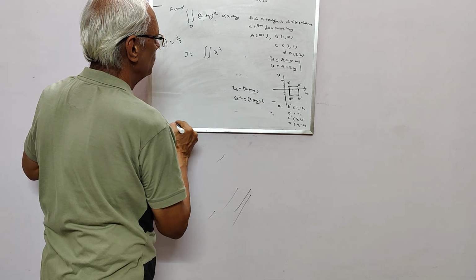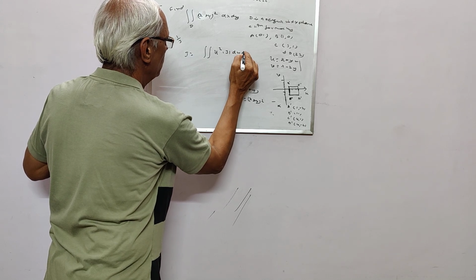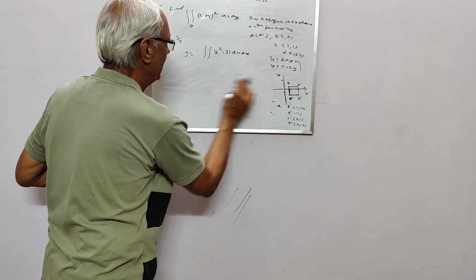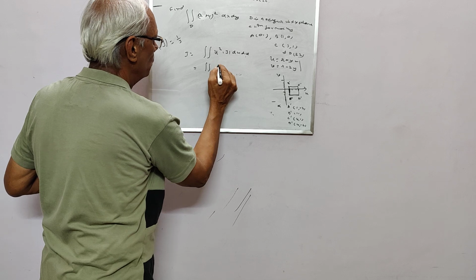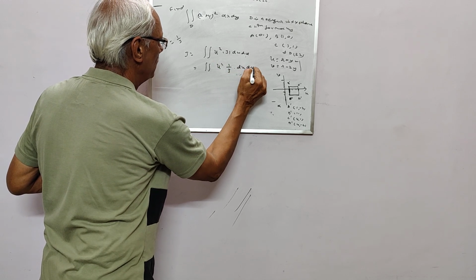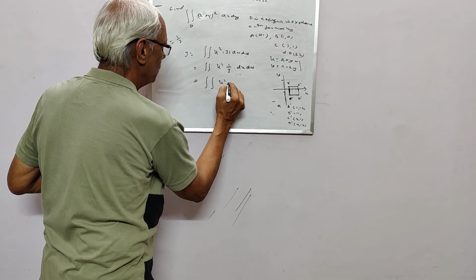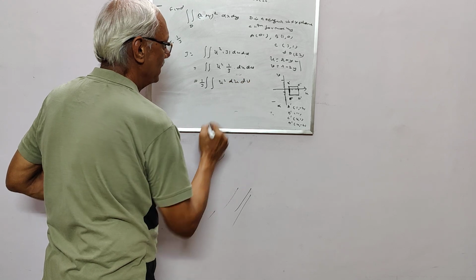So this is u square into the Jacobian, du dv. So what do you get here now? It is u square, this is 1/3 into du dv. Now this is the double integral of u square, you take this 1/3 outside, and du dv.